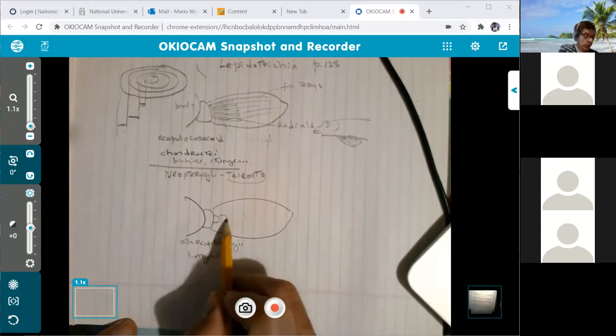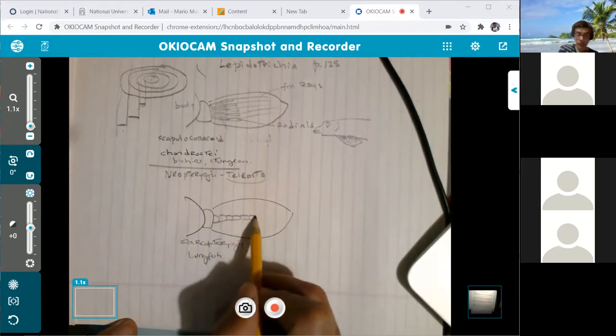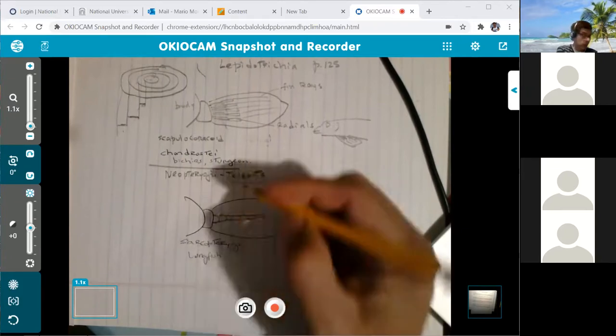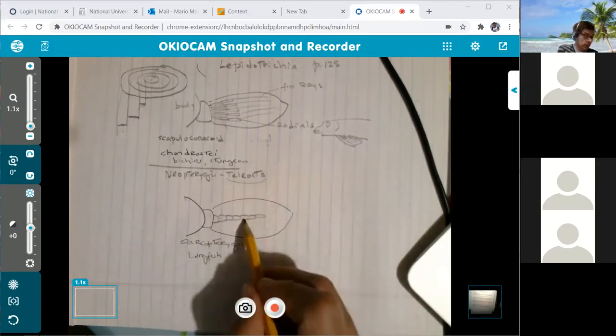So you have bones like this going out like that. So those are the basals. I'm going to write right here.